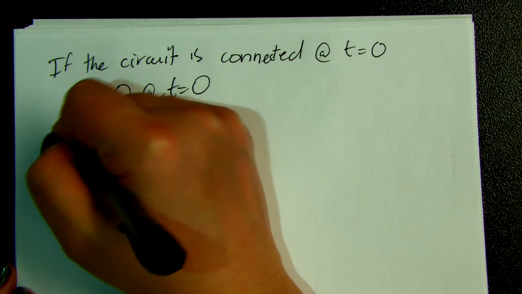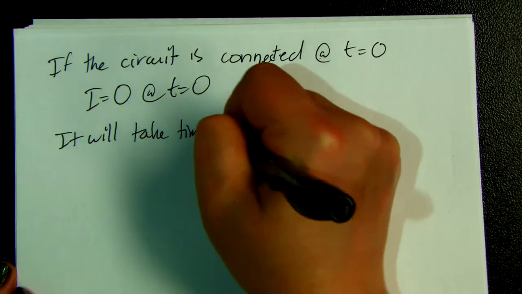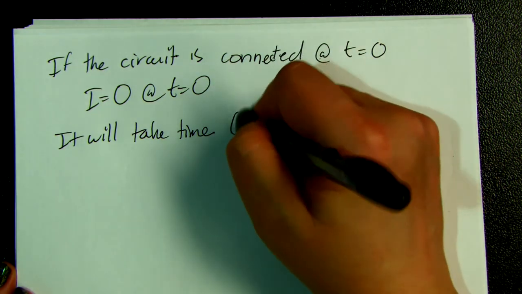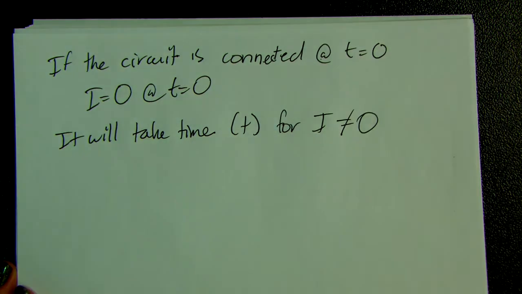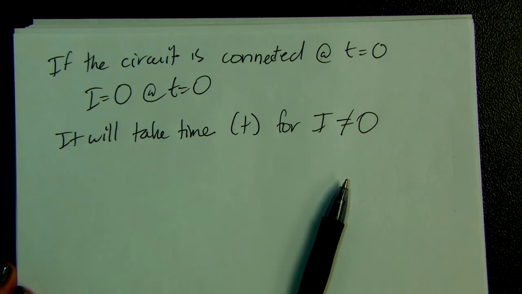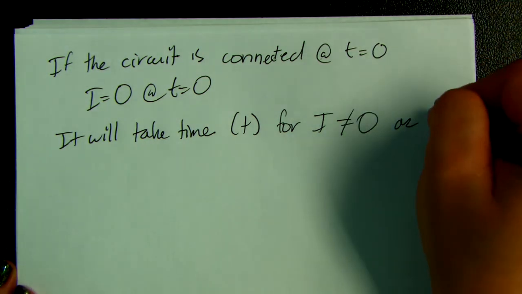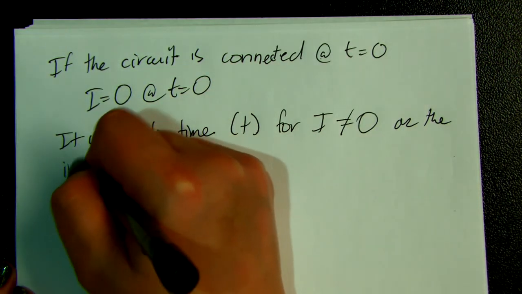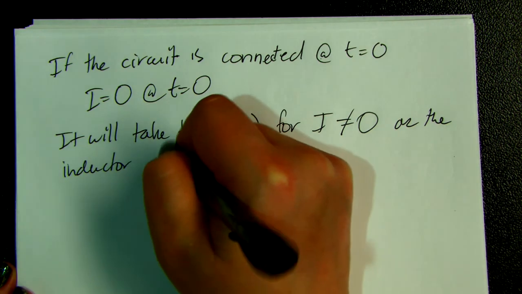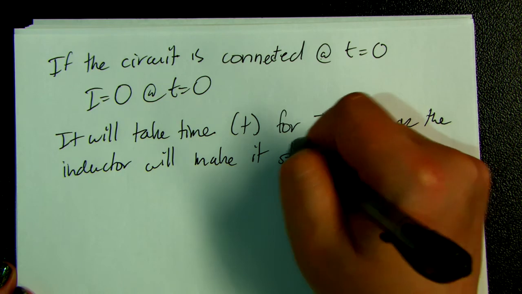Therefore, it will take time for I to stop being 0. It's not instantaneous like when you connect other circuits. Remember chapter 18, it basically just flows. The inductor will make it sluggish, but you can wear them down.